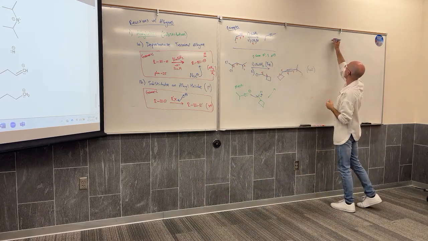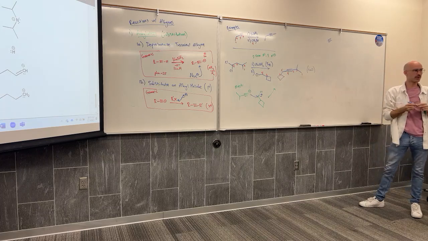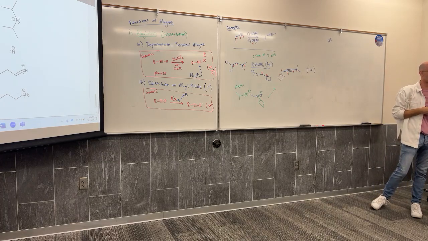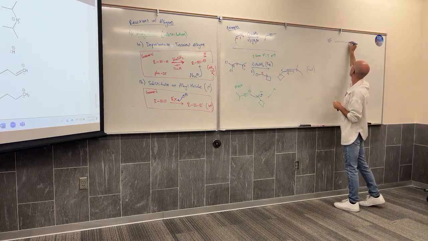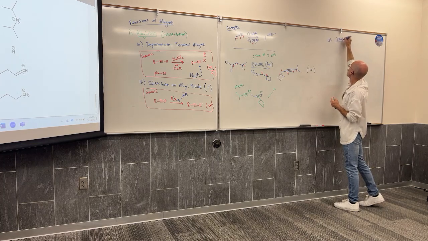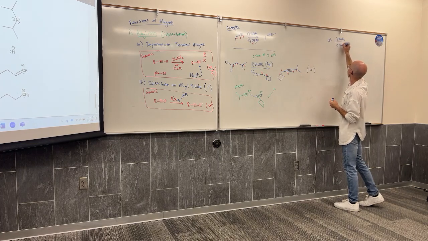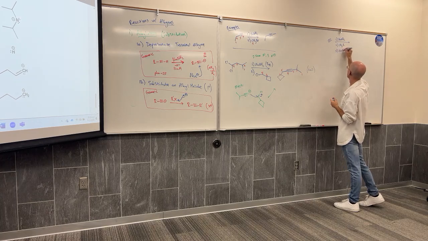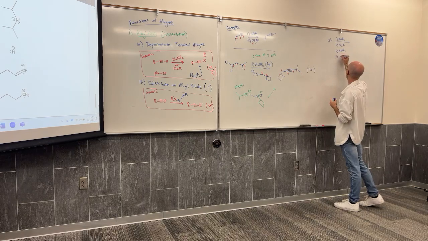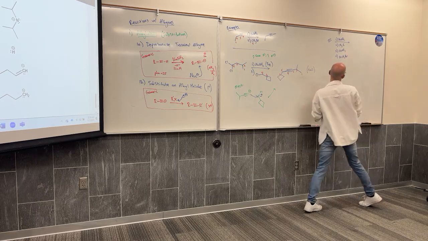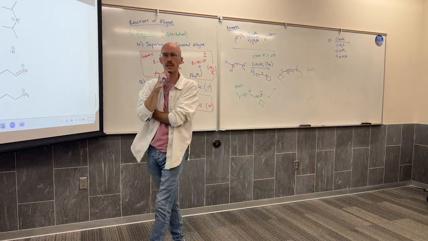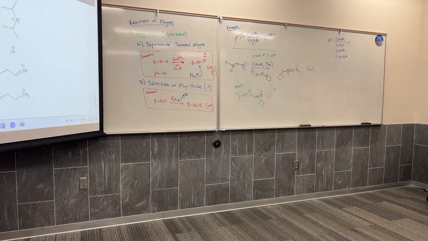I want to look at another one with you guys, which is what happens when we start with acetylene, C2H2. Acetylene is a di-terminal alkyne, correct?